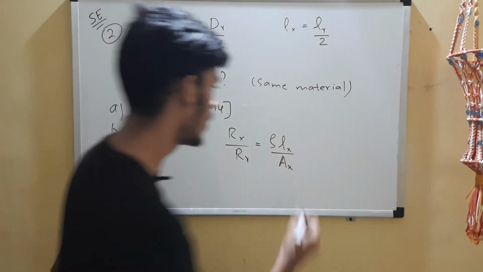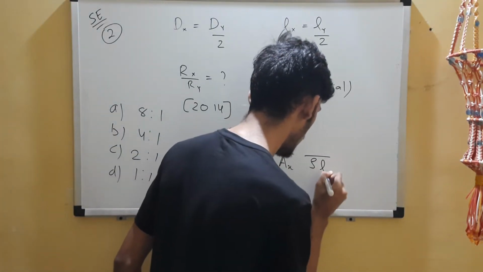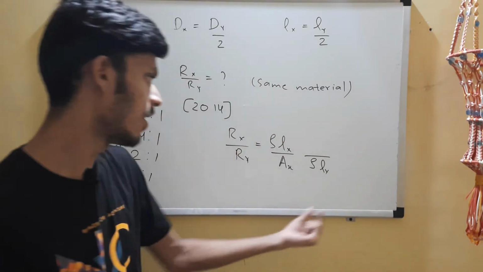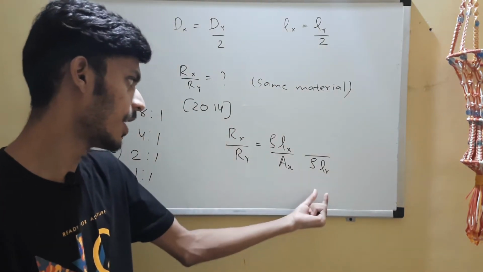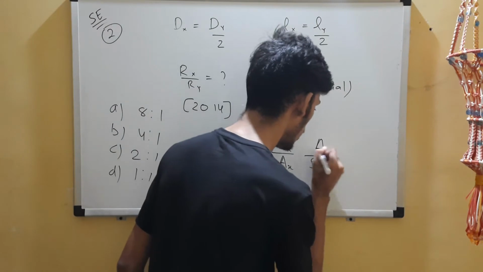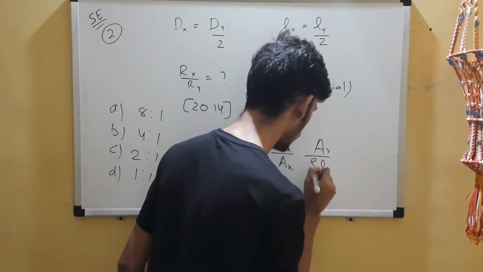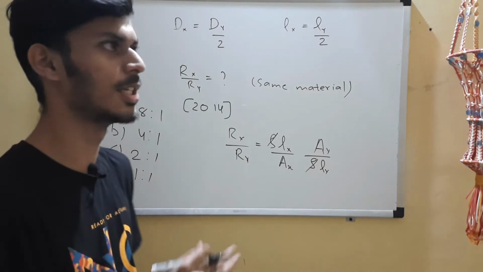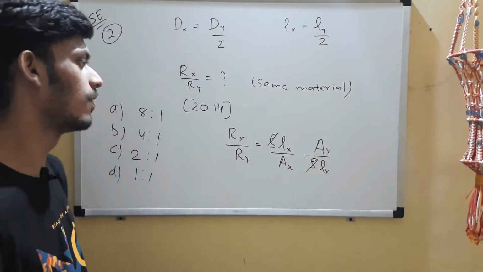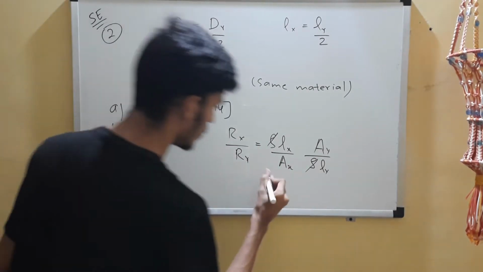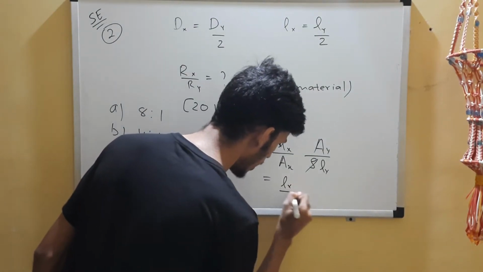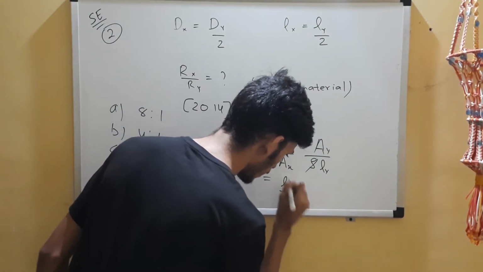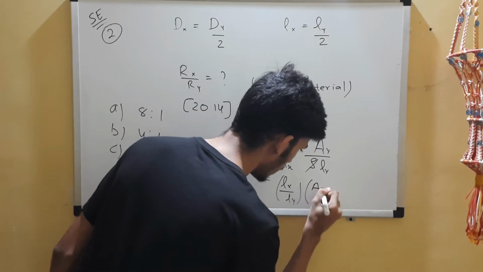And in place of Ry we can write rho Ly by Ay, that Ay will go on top. Okay, this rho and this rho will get cancelled. You can see that both the wires are made from the same material, which means both of them have the same resistivity. Okay, so you can club these terms together, Lx by Ly and Ay by Ax.